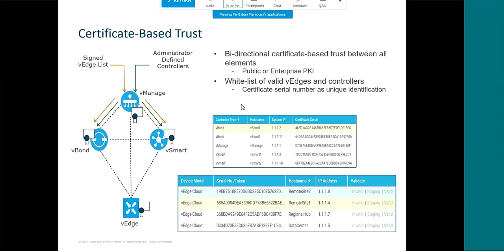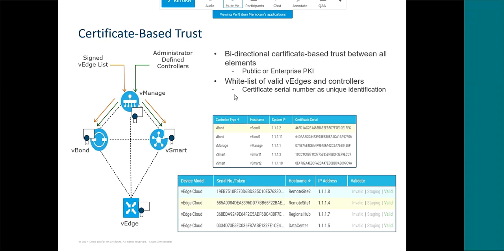If vBond is taking a certificate from one CA, vSmart is taking a certificate from a different CA, vManage from a different CA, vEdges from a different CA, and cEdges from another CA, then when multiple CA certificates are involved in the hierarchy, to trust the other certificate authorities, this trust comes in, like root CA comes in.